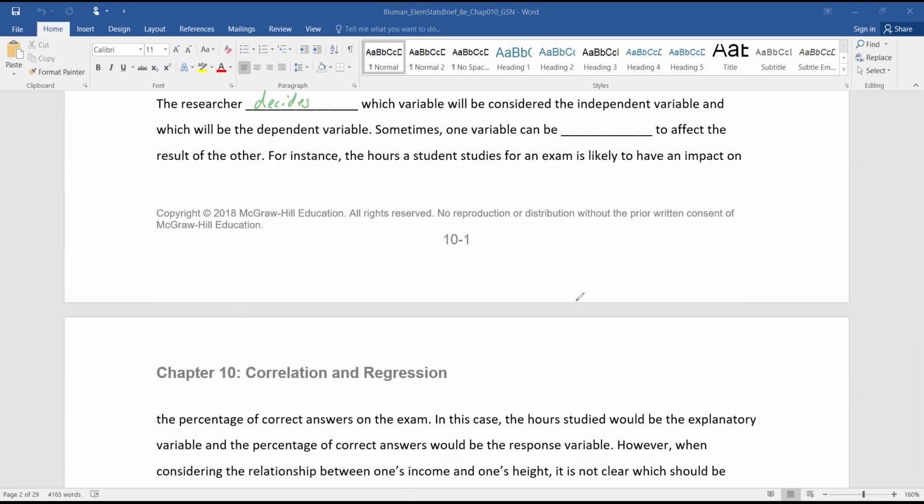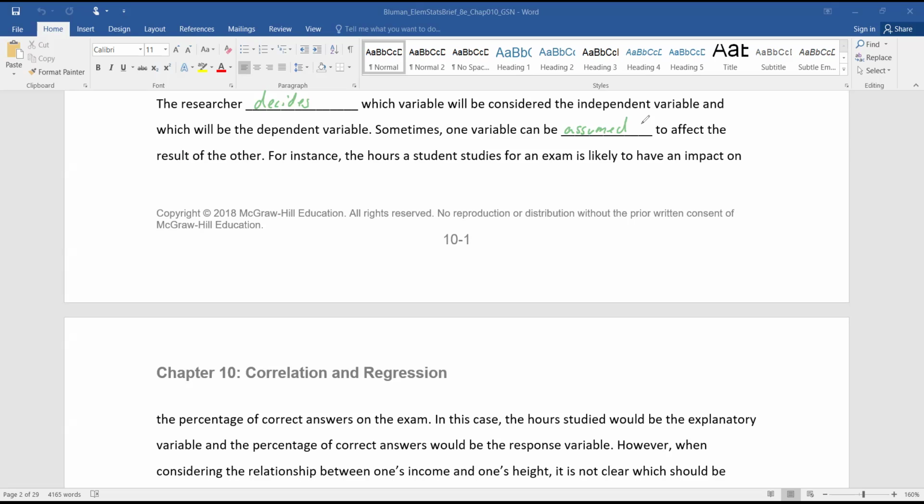Sometimes one variable can be assumed to affect the results of the other. For instance, the hours a student studies for an exam is likely to have an impact on the percentage of correct answers on the exam.